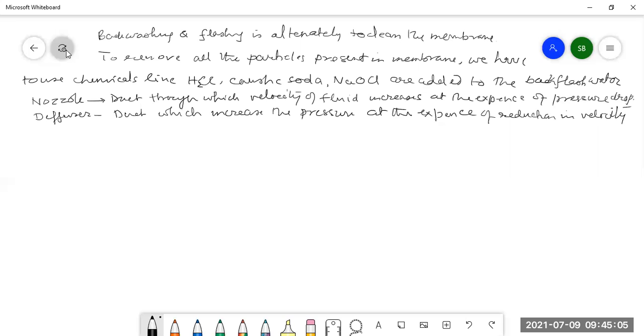Now, a duct may be either a nozzle or a diffuser, depending on the end conditions across it. If the cross-section of the duct decreases continuously from inlet to exit, the duct is said to be convergent. And if it increases from inlet to exit, the duct is said to be divergent.